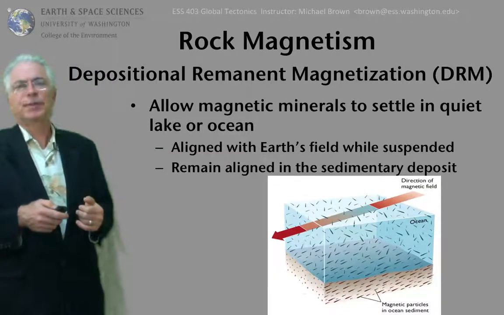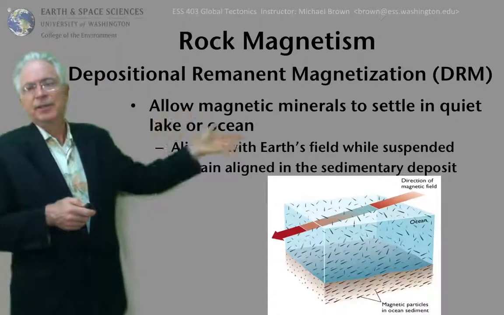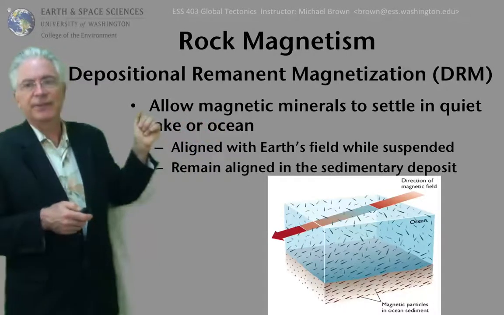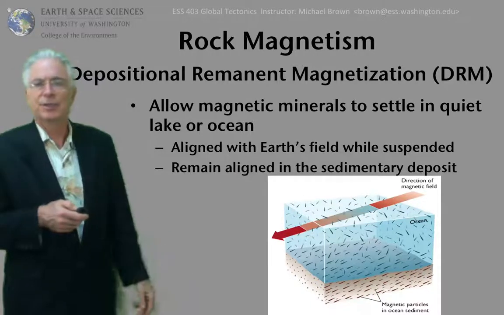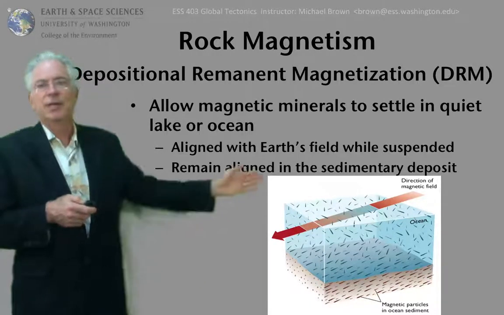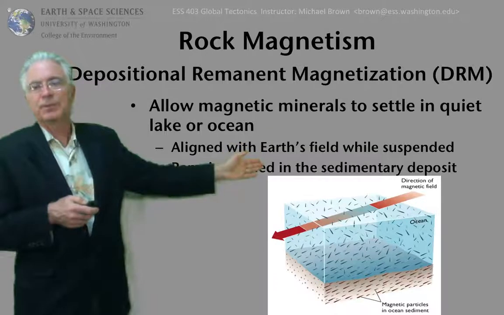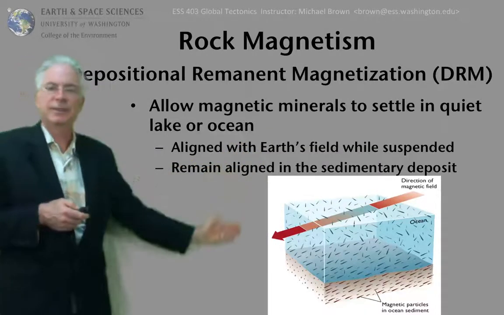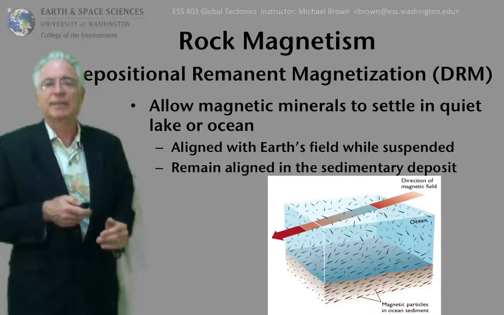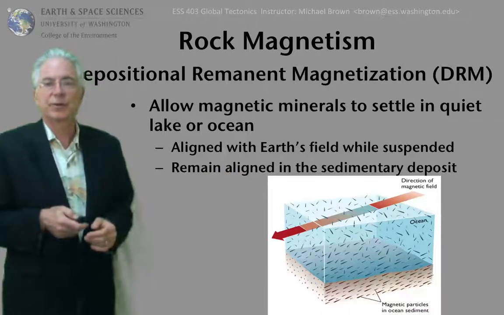So here's a picture demonstrating that idea. You see Earth's magnetic field coming into the ocean there, and here you see a fairly shallow inclination. So the magnetic particles floating in the ocean are aligning themselves parallel to Earth's magnetic field, and then coming down and being laid down in the sediment, preserving that orientation.